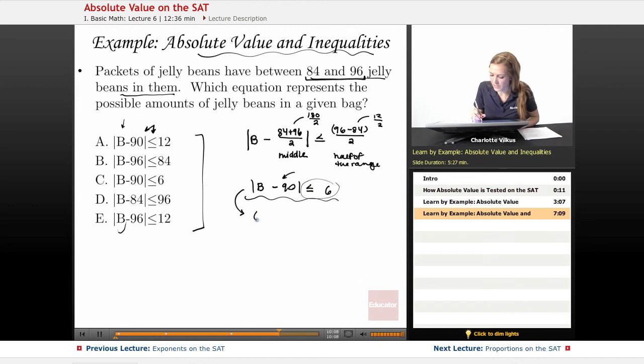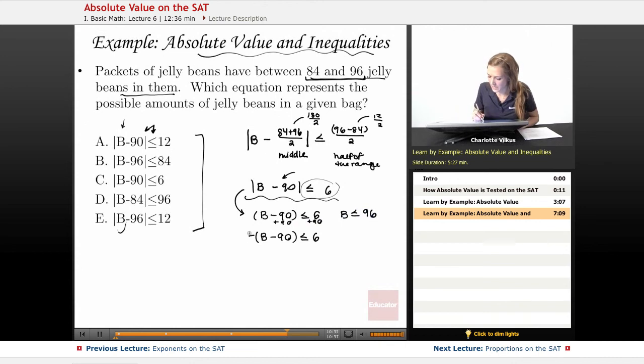So here we either have positive b minus 90 is less than or equal to 6, or we have the negative of this quantity, negative of b minus 90 is less than or equal to 6. In the case of the first one, I can basically add 90 to both sides. I solve an inequality basically like an equation. So here I get that b is less than or equal to 96.